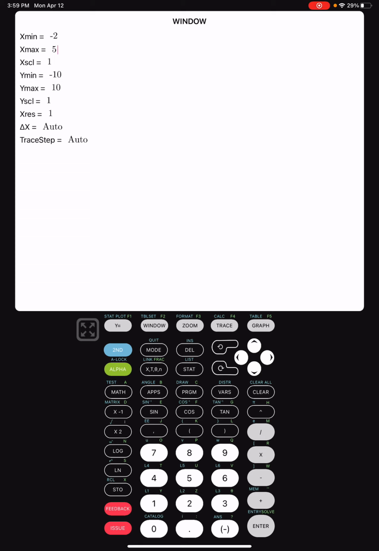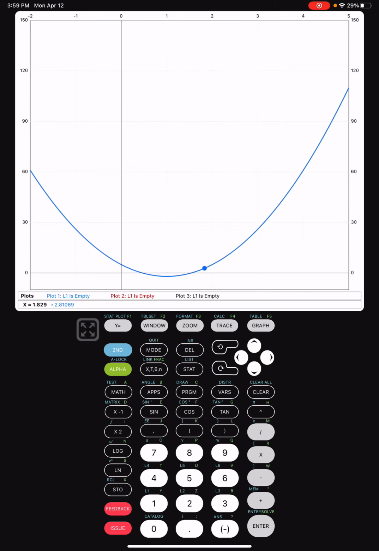Let's graph it. I know that I should have about 110, because that's what I found, so I'm just going to put 150 and count by 25. Graph it. So this is what we have right over here. Our smallest point, you can kind of eyeball it, is somewhere right over here.